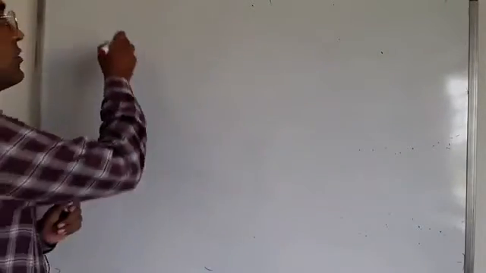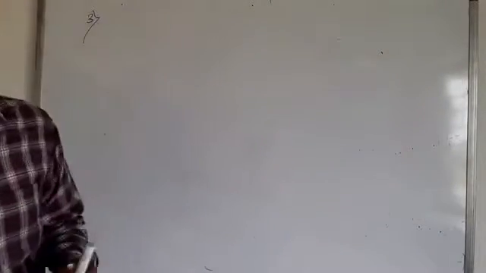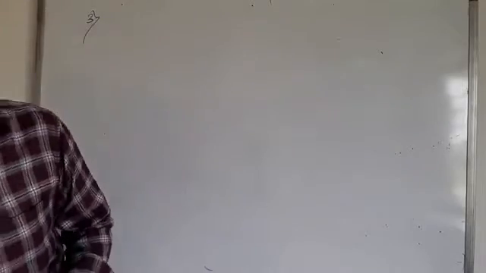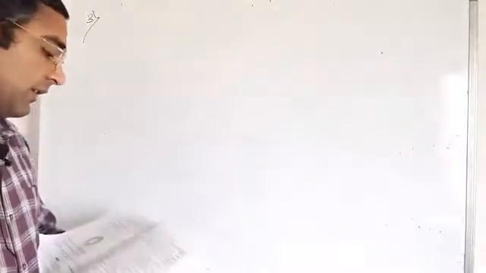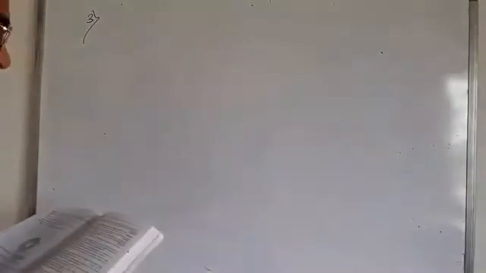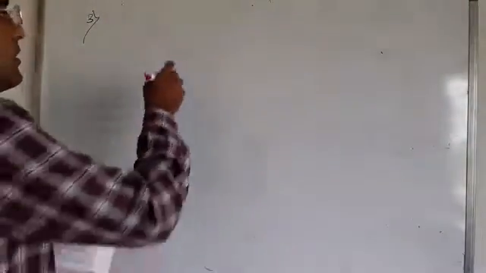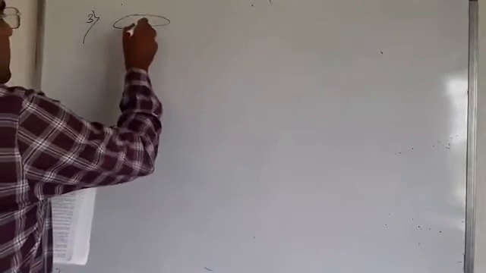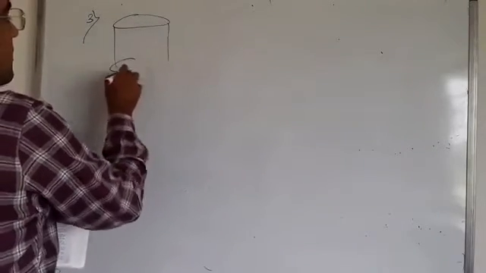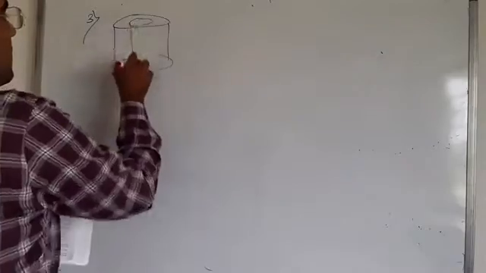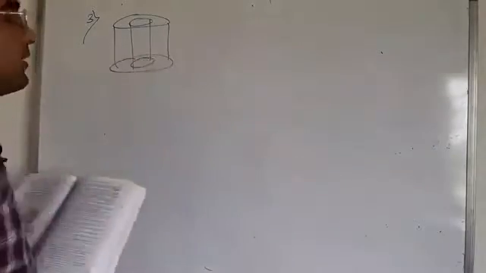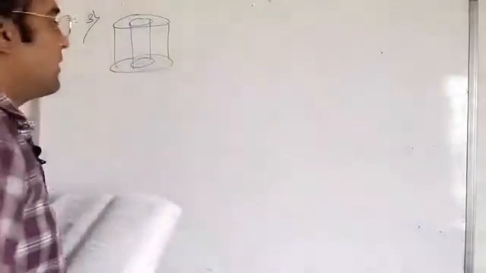My question is that the inner diameter of the cylindrical wooden pipe is 24 centimeter and outer diameter is 28 centimeter. Here is my cylindrical wooden pipe, which is in the shape of a hollow cylinder.